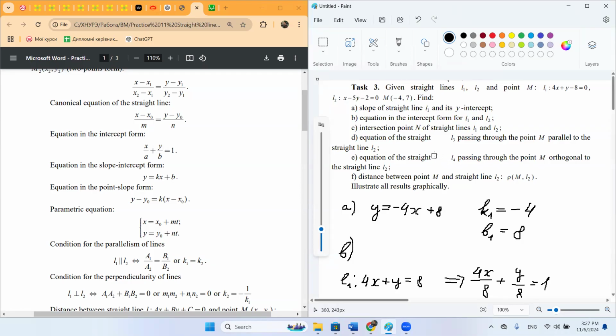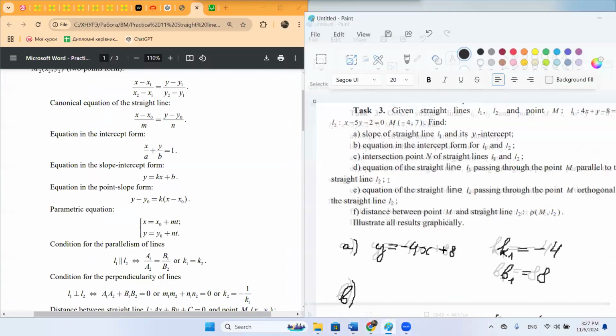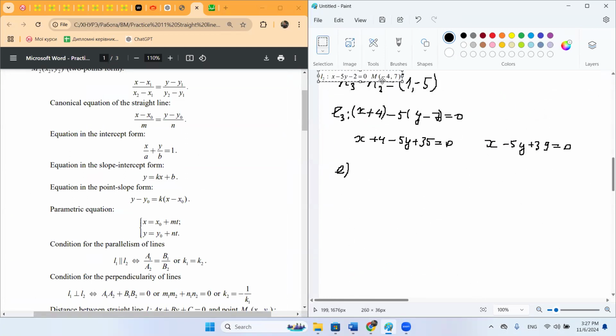Finding the perpendicular. So maybe any idea how to solve?